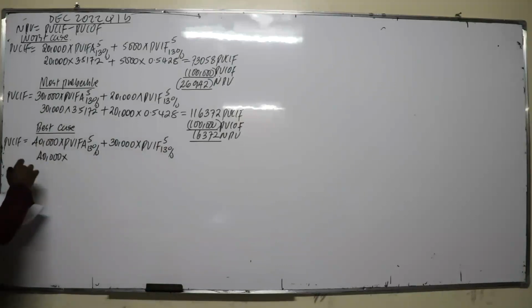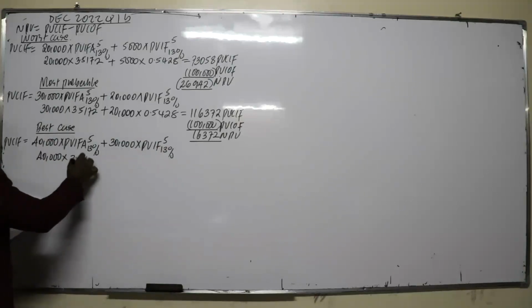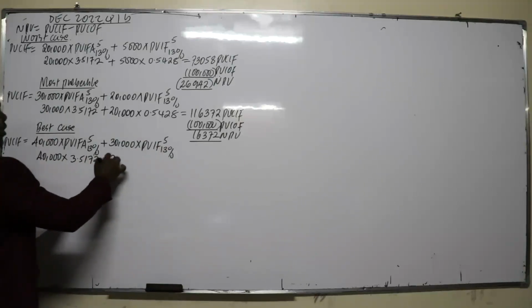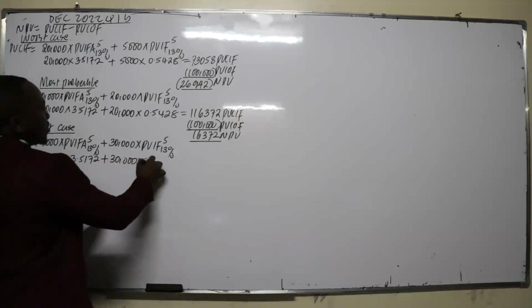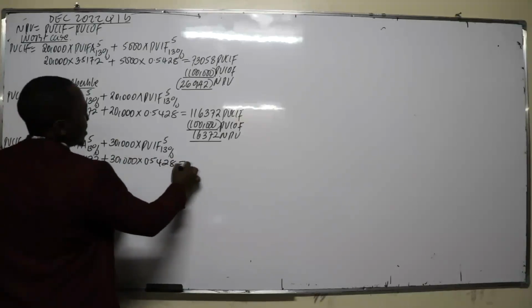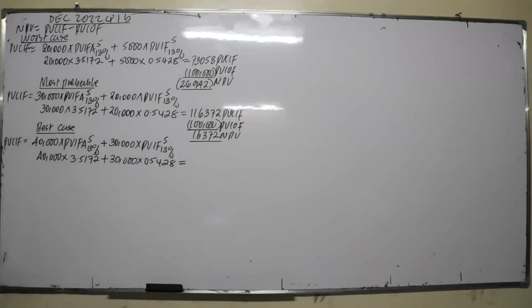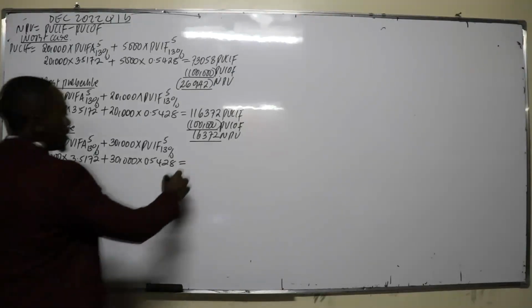So for 13%, we have 3.5172. You have 30, 13% for 5 years is 0.5428. That gives 156.